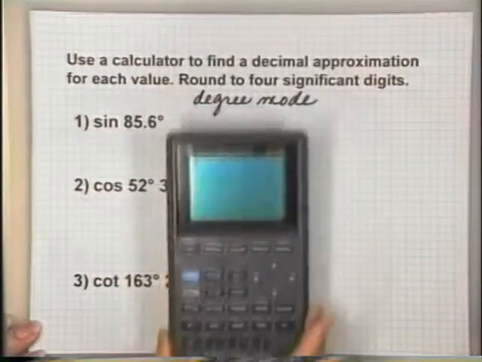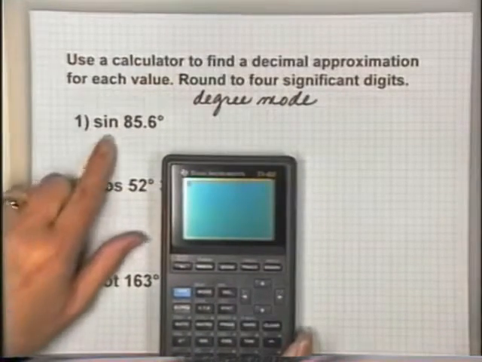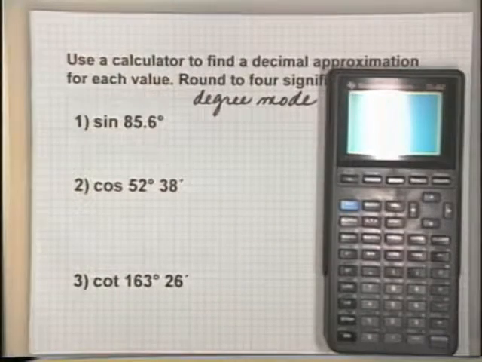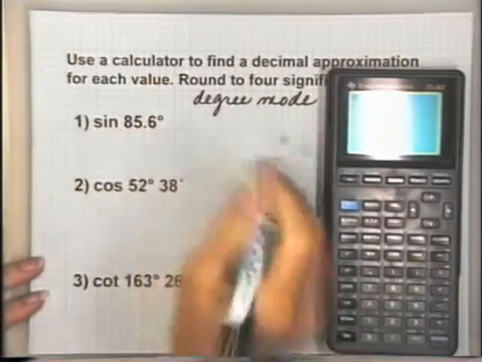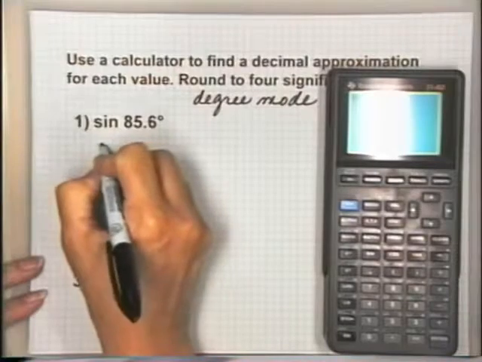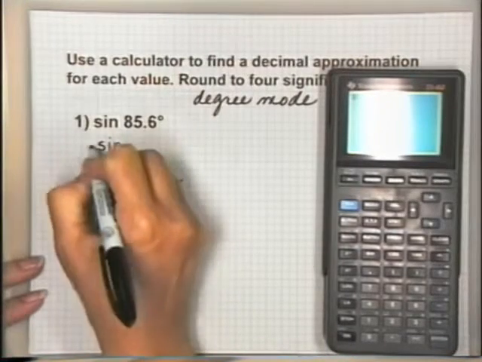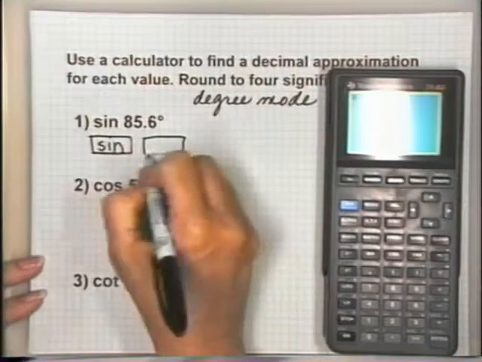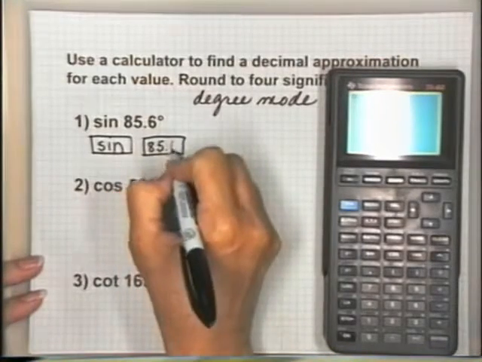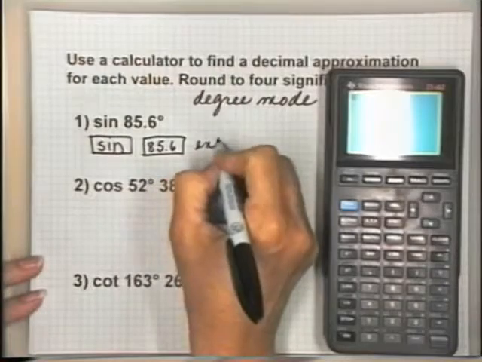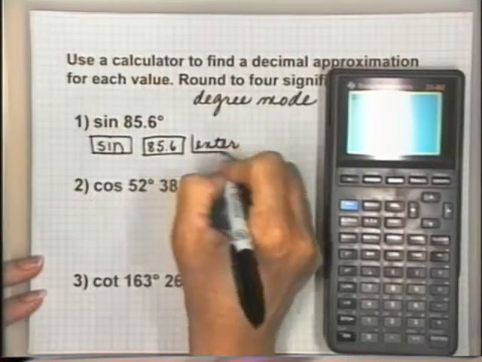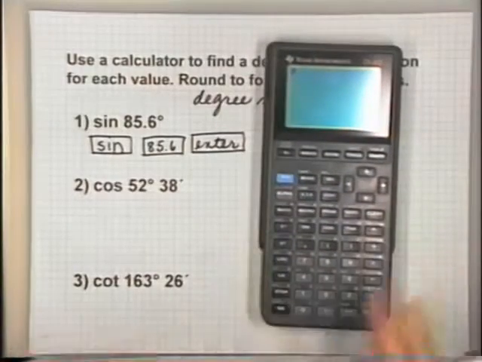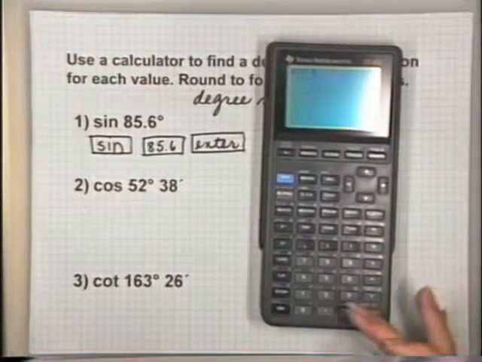Since we're here, let's go ahead and find the sine of 85 6/10 degrees. On this calculator, you have a sine button. So push your sine button, push your 85.6, and then push your enter button.